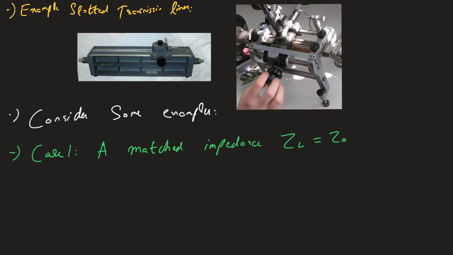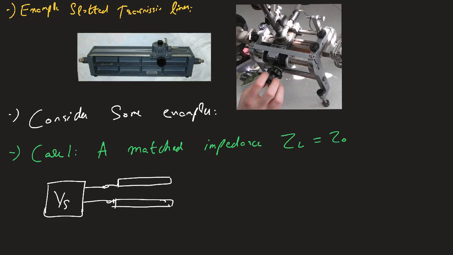So the schematic of this scenario would be that you have Vs, which is your source. This source is connected to your transmission line, which is then connected to your load ZL, right? And in this case, we know that gamma L, which is equal to ZL minus Z naught over ZL plus Z naught, becomes equal to 0.